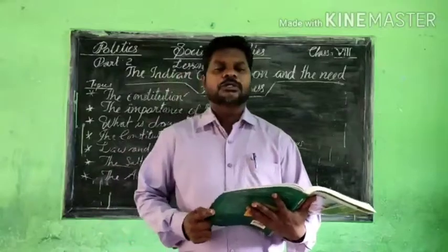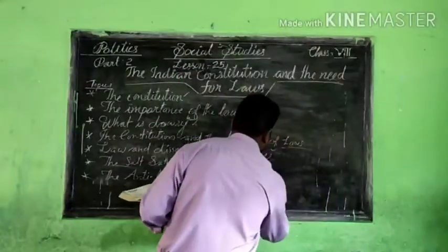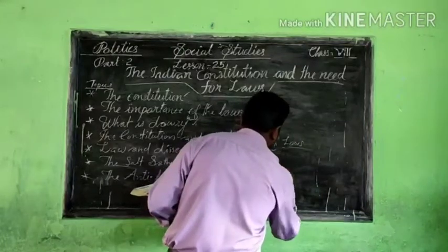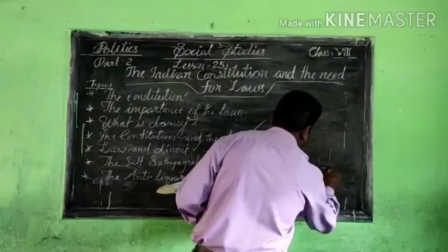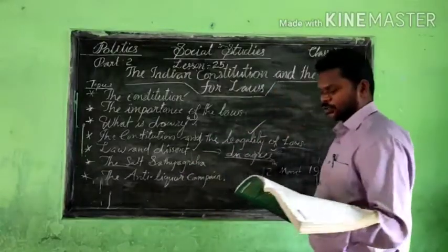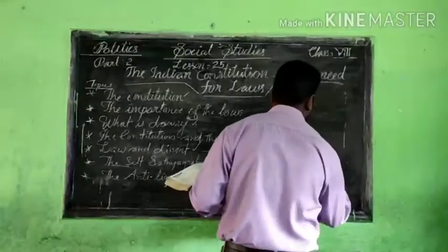So on the 12th of March 1930, listen now, 12th of March 1930, Gandhi with 78 people.